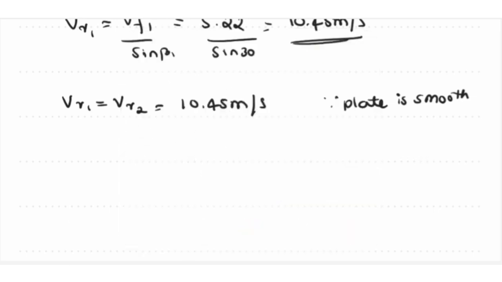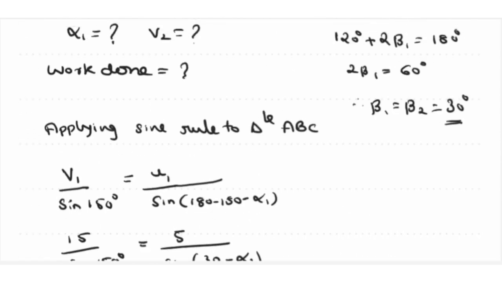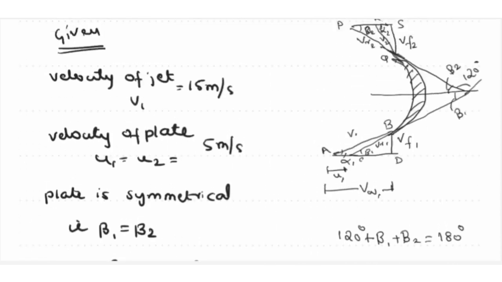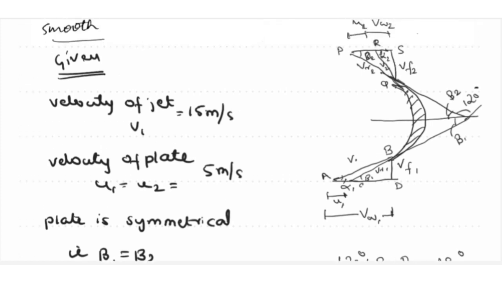So moving to the outlet triangle, in the question we need alpha 2, that is direction of absolute velocity, and also we need what is V2 in magnitude and direction. Here now we know VR2, so we can calculate the remaining things very easily.